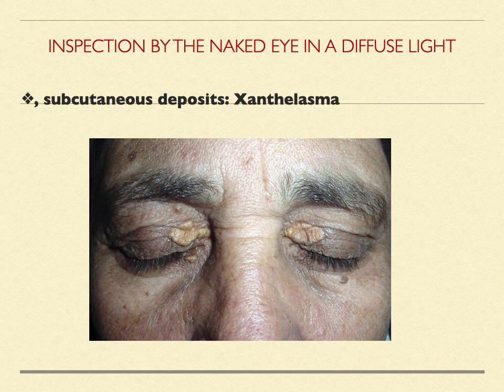Also, while the eye is closed, we can see multiple deposits under the skin, and we call this xanthelasma, which means cholesterol deposits or lipid deposits under the skin. And it's very important to inspect this and to tell the patient to do a lipid profile to see how much elevation of his lipids like cholesterol and triglycerides, and it can save the patient because these patients are mostly atherosclerotic and they can go into cardiac attacks.